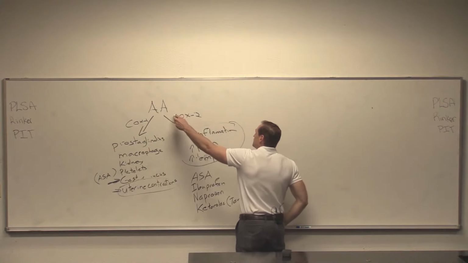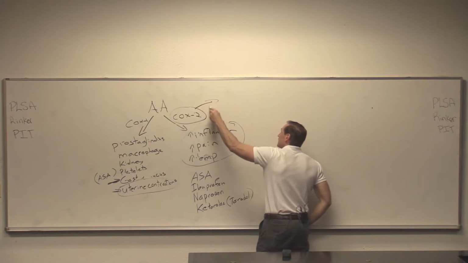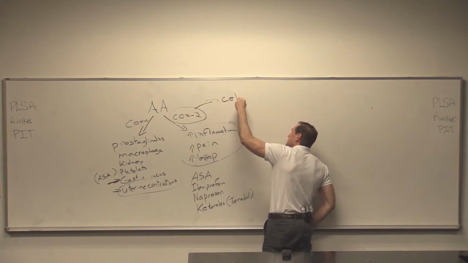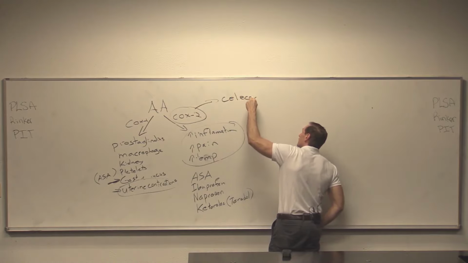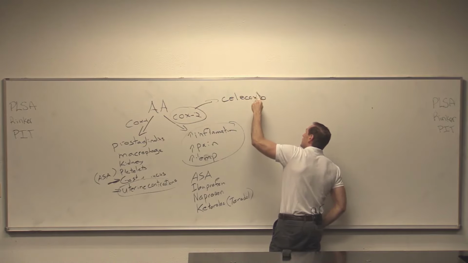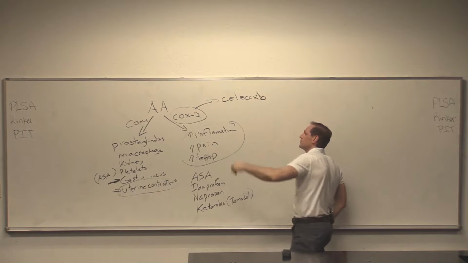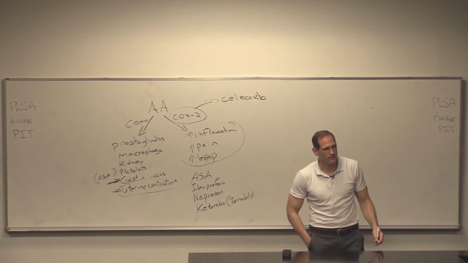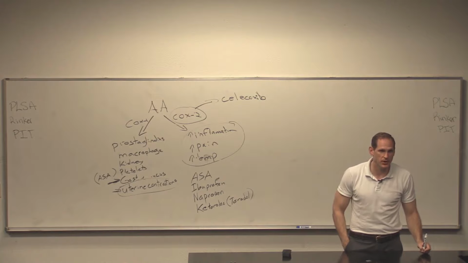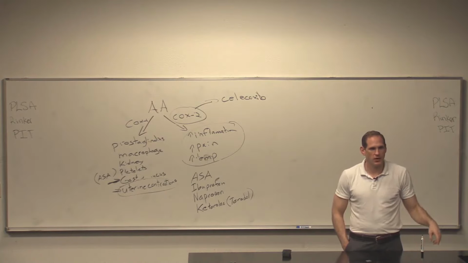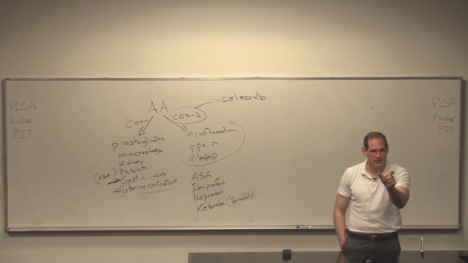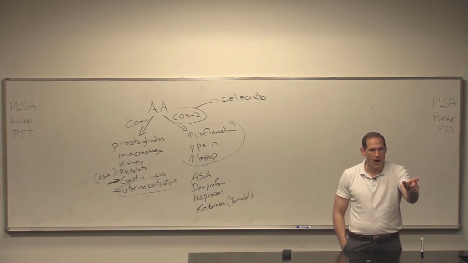So we actually have a COX-2 selective one, and that is called celecoxib. By the way, do you know what IB means? When you see IB in a drug, it means inhibitor. So it's a COX-IB, COX inhibitor.